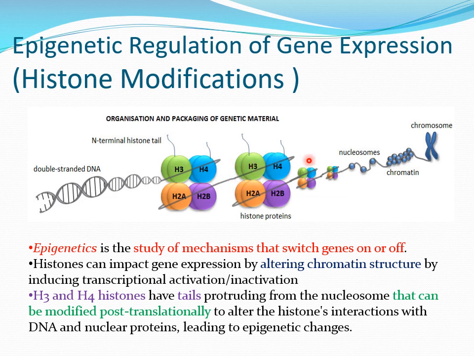Now, one thing to be noted in this figure is that these histone proteins, especially the H3 and H4 histones, have these N-terminal histone tails. And basically, the modifications associated with epigenetic regulation of gene expression, that is the methylation and acetylation, deacetylation, take place on the N-terminal of the histone tail.